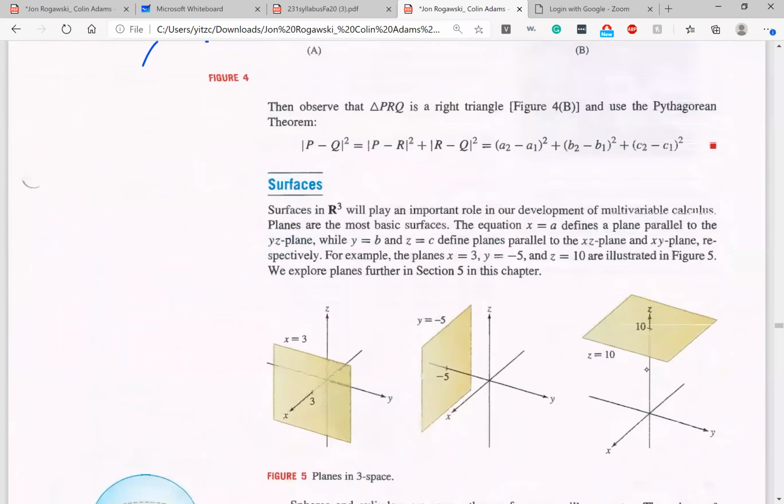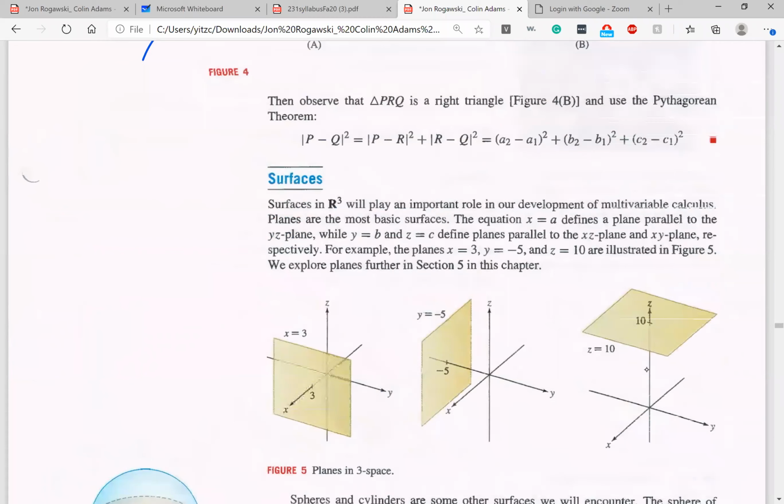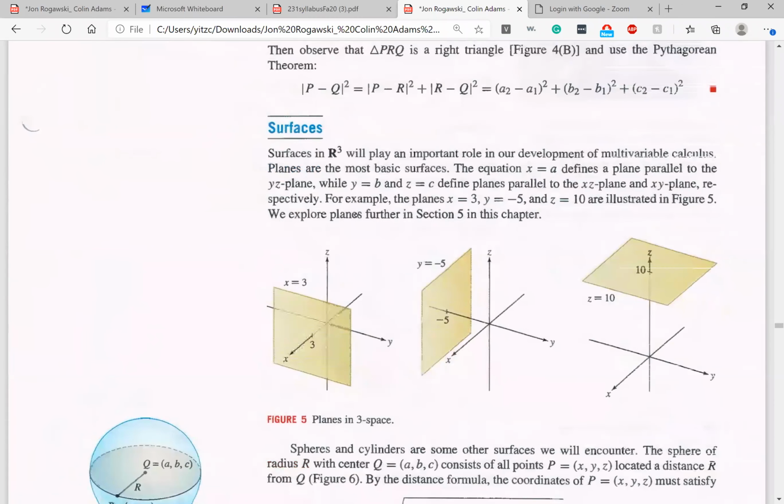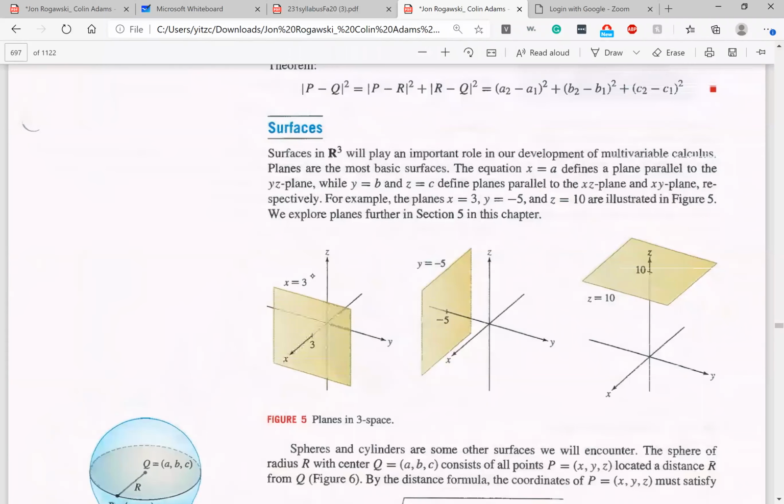So now surfaces in R3. So we can try to find the plane where x is equal to 3. So if you look at your x, y, z coordinate, the YZ plane is the plane that we get when x is equal to 0. But you don't necessarily need to set x to 0.